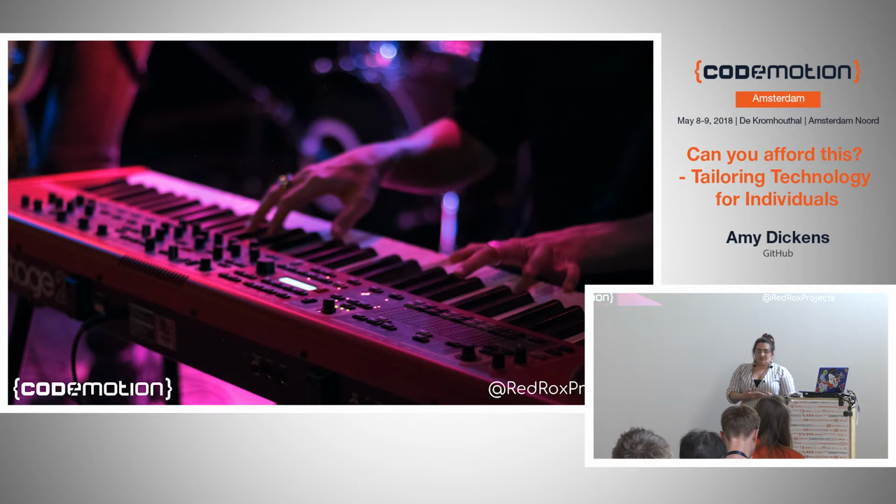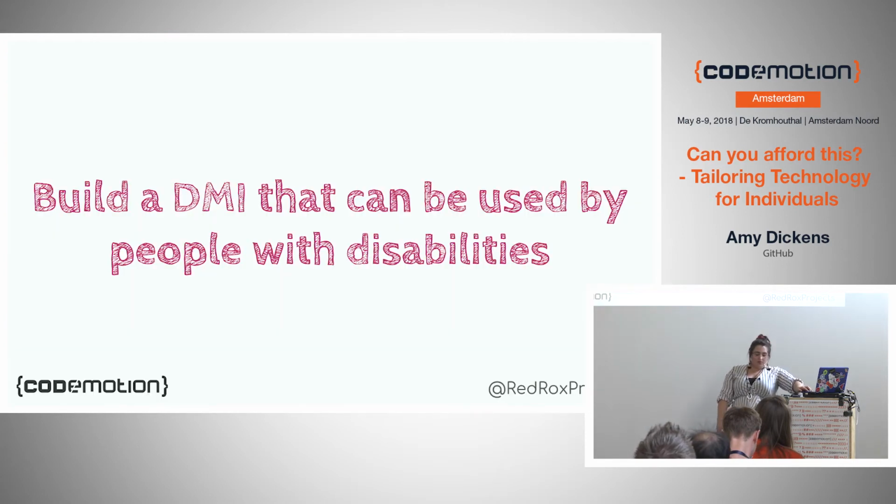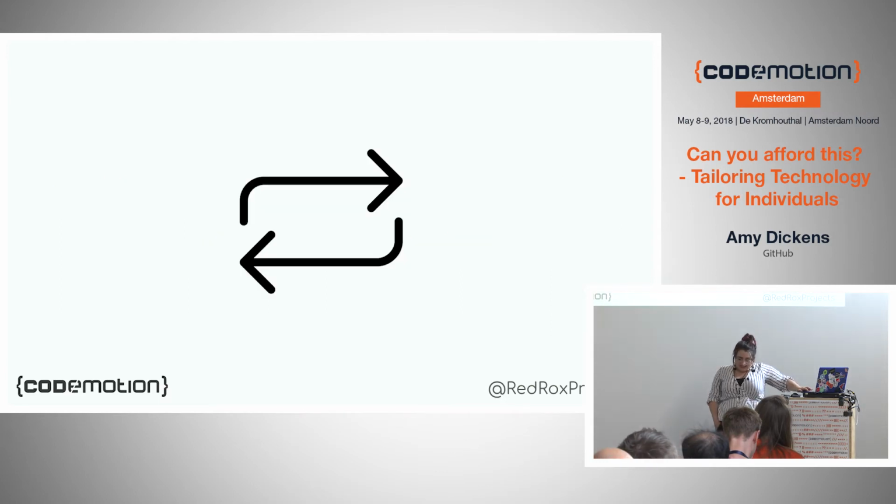And most people think of a digital instrument as this kind of thing. So a keyboard with some augmented stuff, maybe. But actually, it's a lot more like iPad apps, gesture controllers, conductive paint, touch boards, anything where we can generate signal, we can turn that signal into sound. So my task is to build a DMI that can be used by people with disabilities.